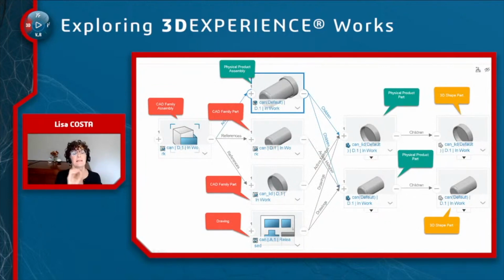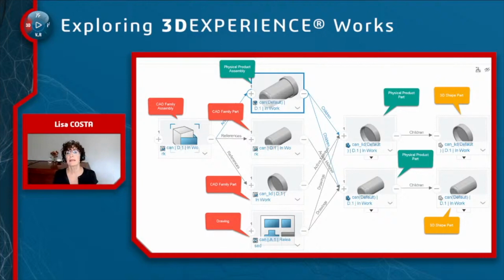But it defined something called a physical product for the assembly, and then a physical product for the lid and the body. Now, if we were in the business of making multiple cans with different sizes, we may have had configurations in that assembly.